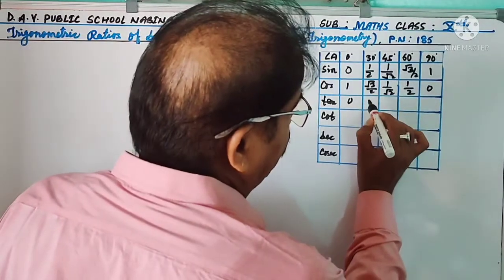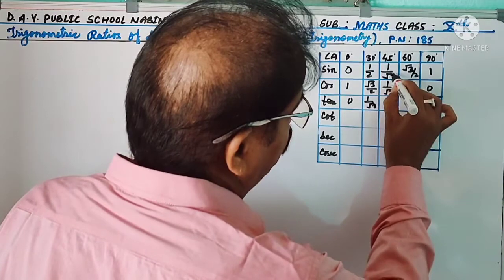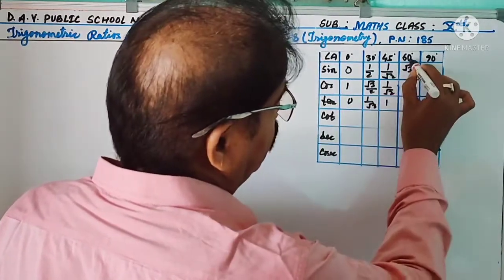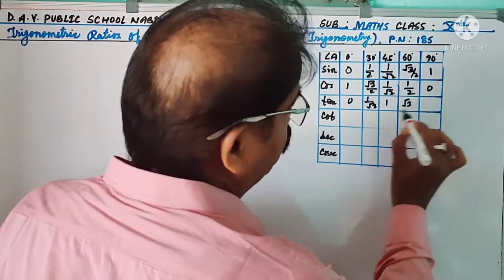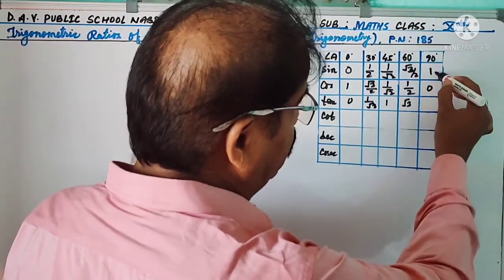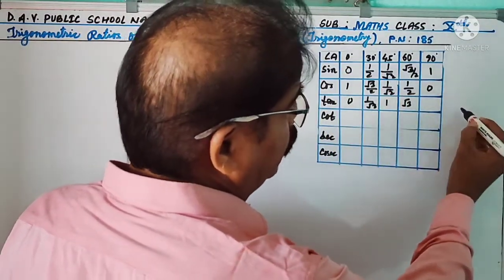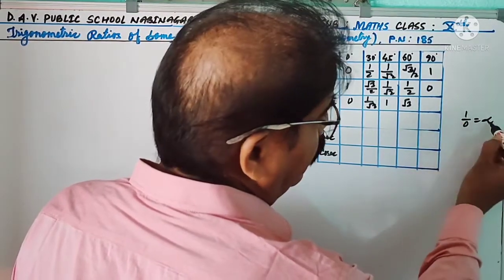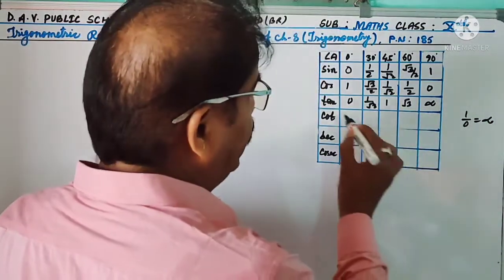So tan 30 is 1 by root 3, tan 45 is 1, tan 60 degree, the 2s cancel, so tan 60 is root 3, and tan 90 is sine by cos, that means 1 by 0. 1 by 0 is not defined. So not defined.